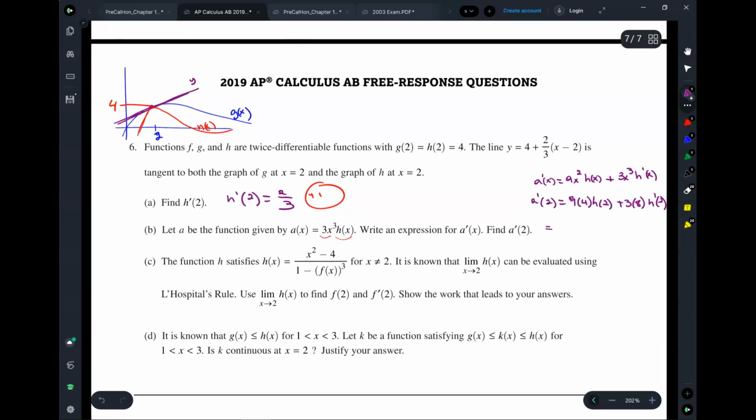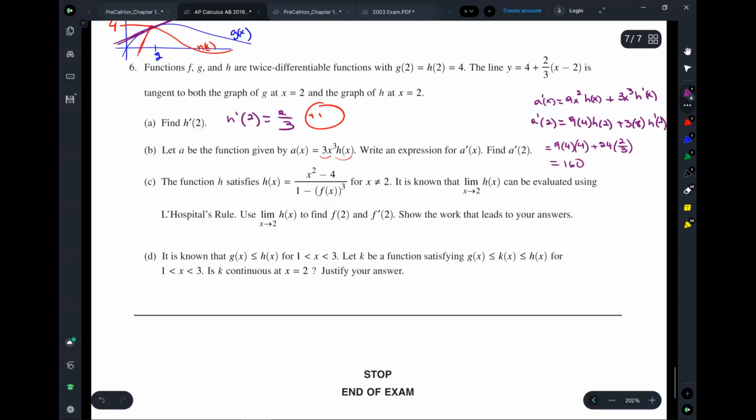So this is equal to 9 times 4 times h of 2, which is 4, they tell you up there, plus 24 times 2/3, and all that is equal to 160. Remember you have to do that calculation without a calculator. This gives you a good idea of what type of calculations you're going to have. You're not going to have to do something like 18.5 times 7.3, nothing like that. But this, it's all good stuff here.